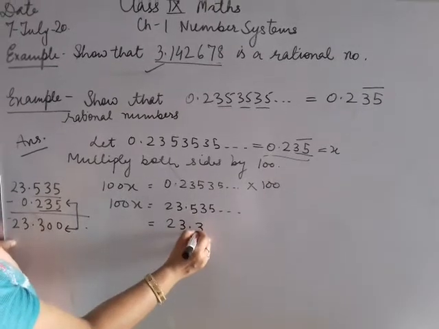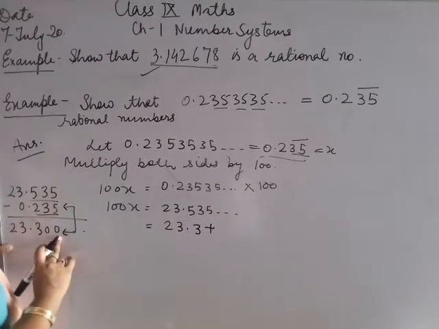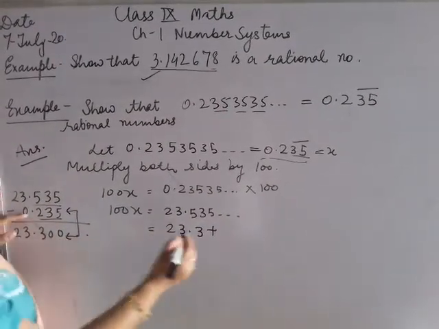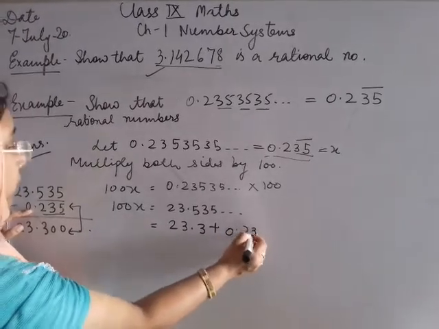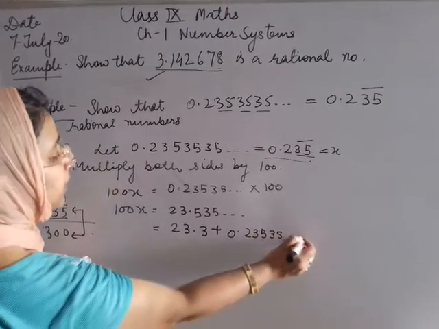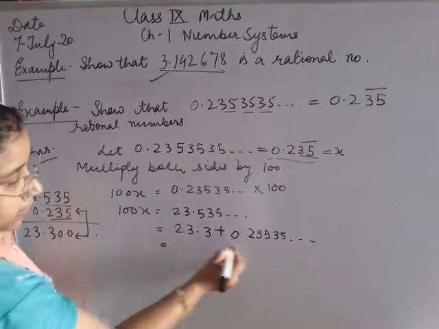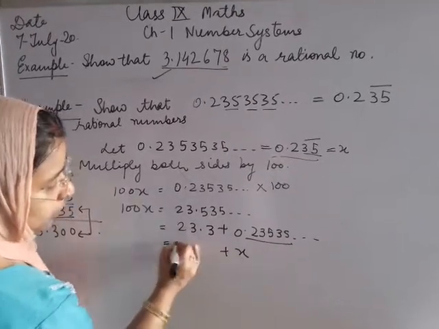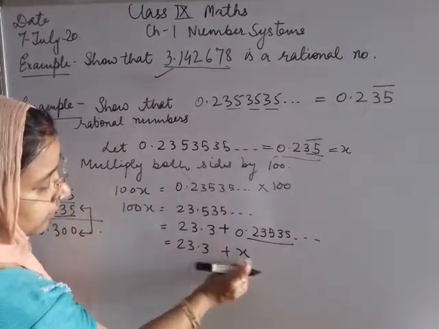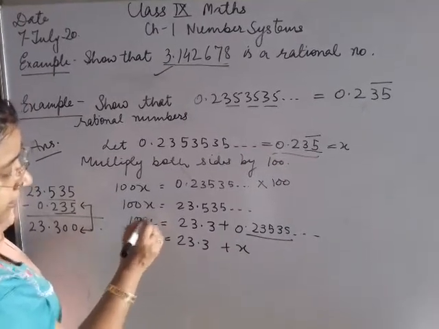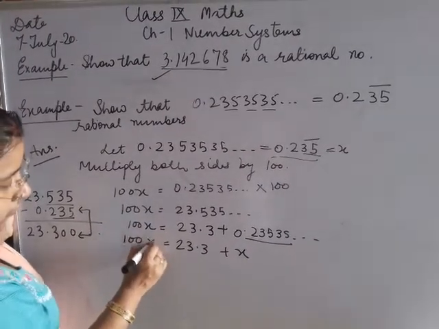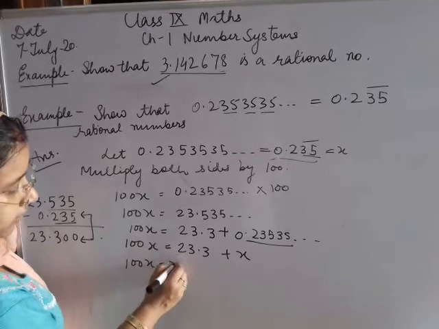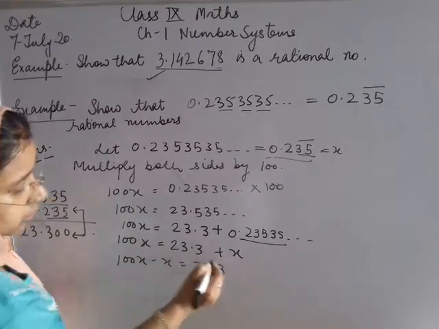Okay, so 23.3 plus 0.00, I am not writing, plus 0.23535, which are repeating digits. So basically this is what? x. So we have 23.3 plus x. Here we have 100x. 100x minus x is equal to 23.3.